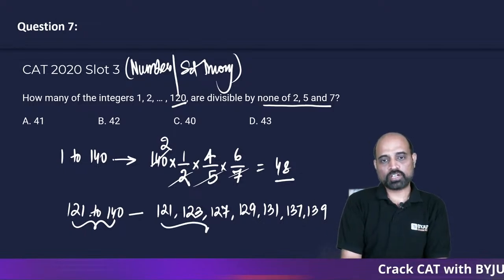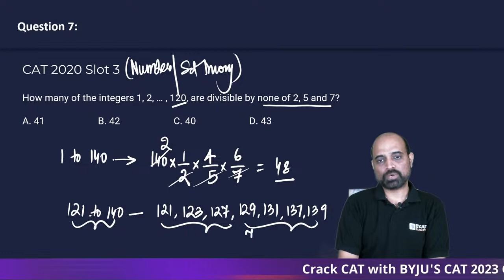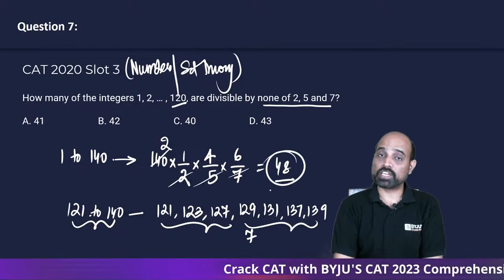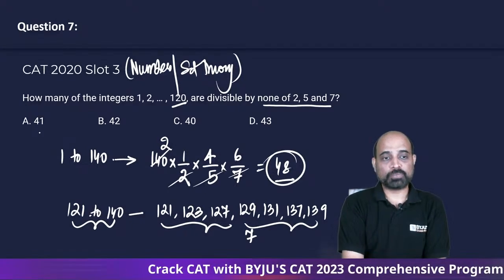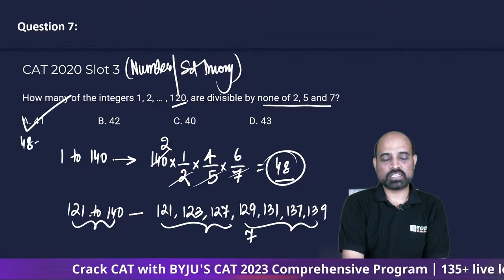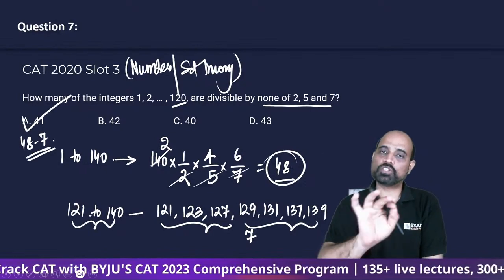So what we got is 7 more numbers that are counted in this 48. So there will be a total of 48 minus these 7 numbers. जो extra count हो गए थे उनको हटा दिया हमने.